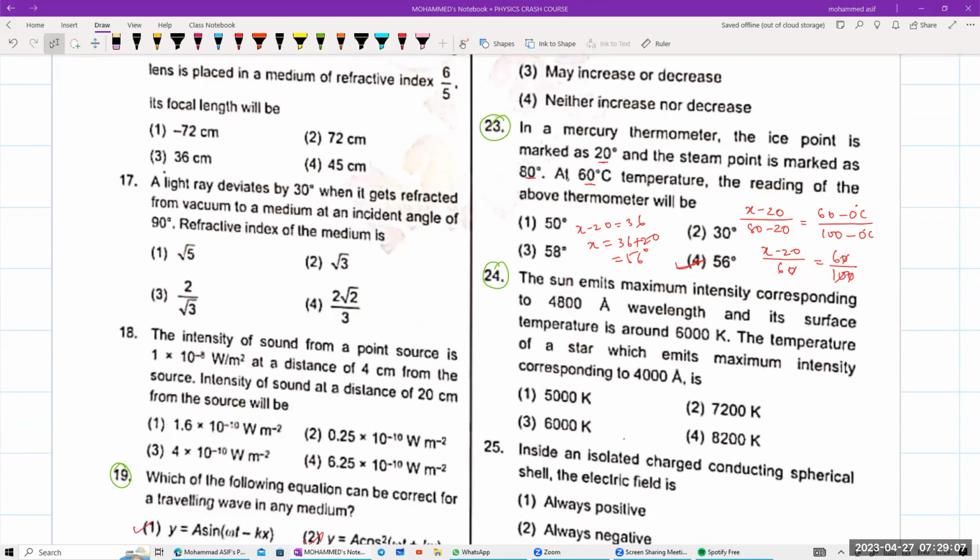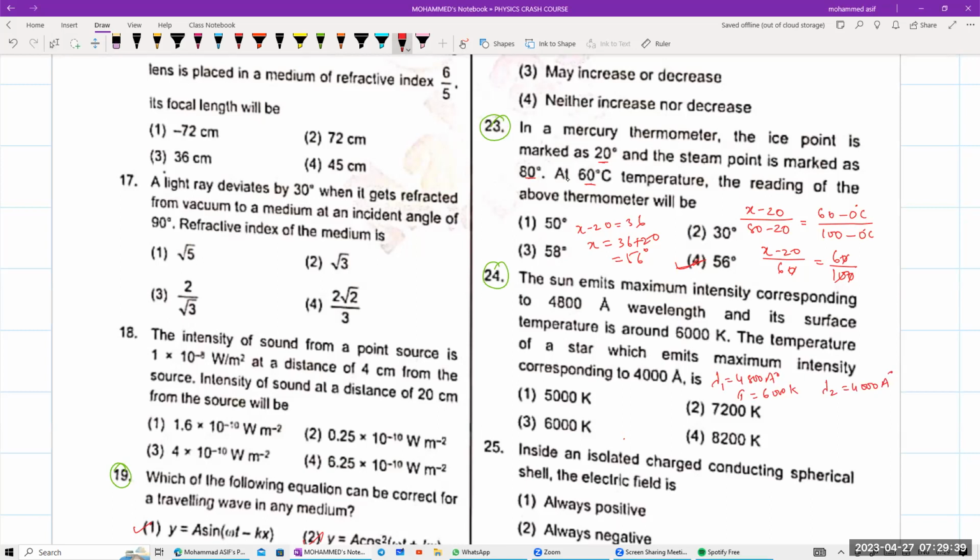Good question. फॉर्मूला याद आना आप लोगों को, कौन सा फॉर्मूला यूज करना है? The sun emits maximum intensity corresponding to 4800 angstroms, यानी वेवलेंथ दे रखा है. वेवलेंथ is given as 4800 angstroms. Its surface temperature is around, यानी temperature is given around 6000 Kelvin.